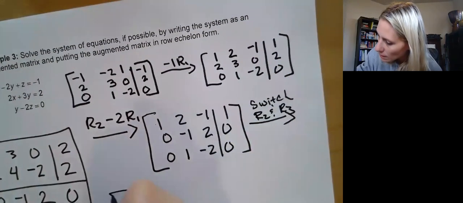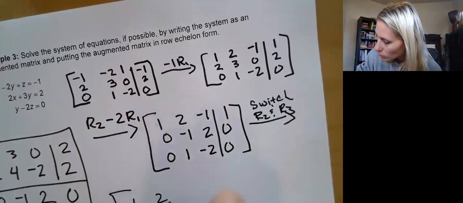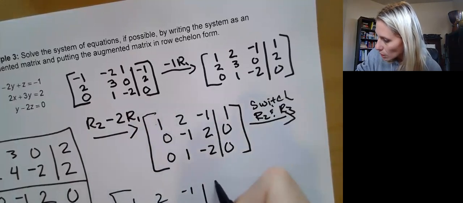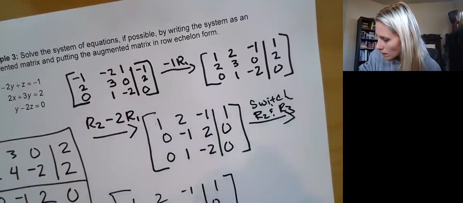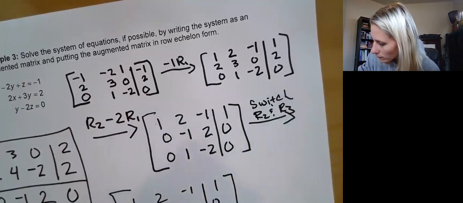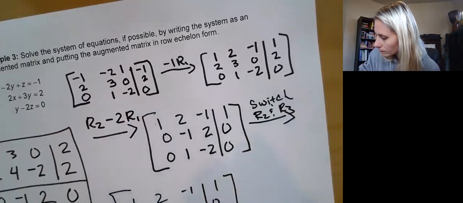Okay. So 1, 2, -1, 1. 0, -1. Oh, I'm switching, remember? Okay, and -1, 2, 0.